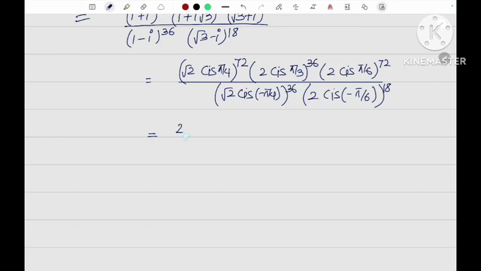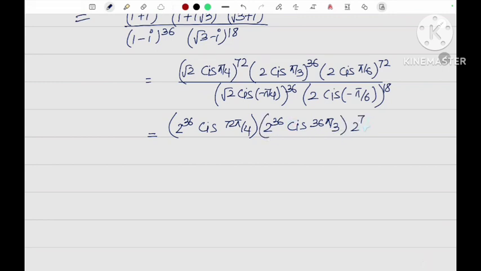This will become 2 to the power 36 cis 72 pi by 4. This will become 2 to the power 36 cis 36 pi by 3.